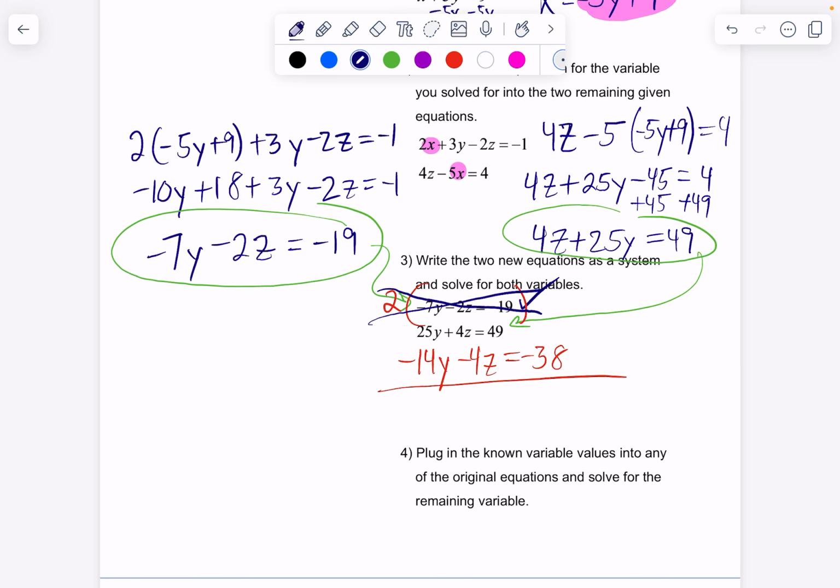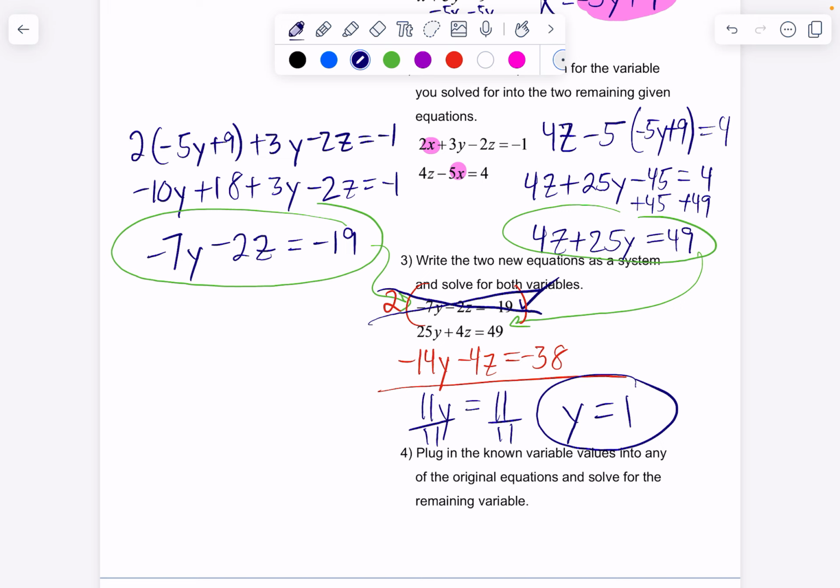This has been calculated, so I have 11y equals 11, y equals 1.